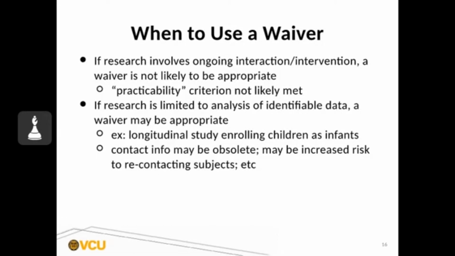For example, a longitudinal study enrolling children as infants means that contact info might be obsolete, people might be lost to follow-up, there may be increased risk for recontacting subjects, and other reasons. It's always important to consider the context of your research and the true feasibility of obtaining reconsent for subjects. It can't just be merely inconvenient for you to obtain reconsent from the now adult subjects. It needs to be truly not feasible.